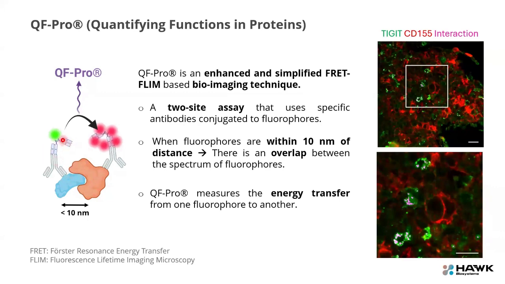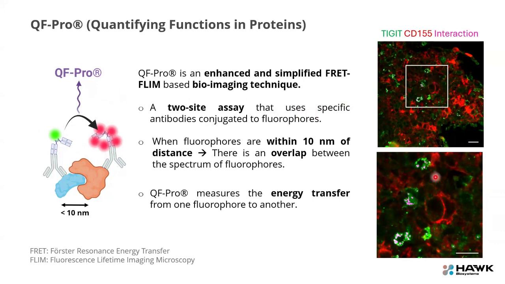Then we have our secondary fragments, where one is conjugated to the donor fluorophore and the other to the acceptor. Because we implement the principles of FRET, whenever these fluorophores are within 10 nanometers of distance and there is an overlap between their spectra, there's going to be an energy transfer from the donor to the acceptor. And this event, we're going to be able to quantify, and it's what we call QFPro.